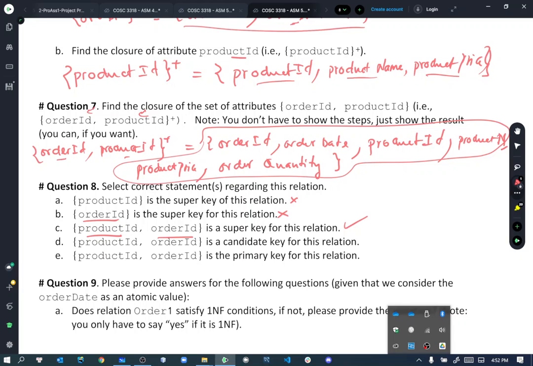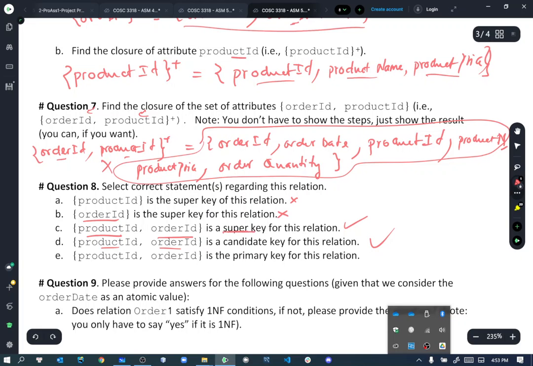It is a candidate key, yes, because if you drop order ID, product ID cannot determine everything, so it's not a super key. If you drop product ID, order ID cannot determine everything, so it's not a super key. So if you drop either one of them, it's not a super key anymore. That's why it is minimal.